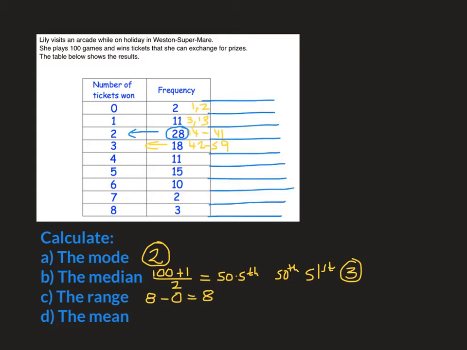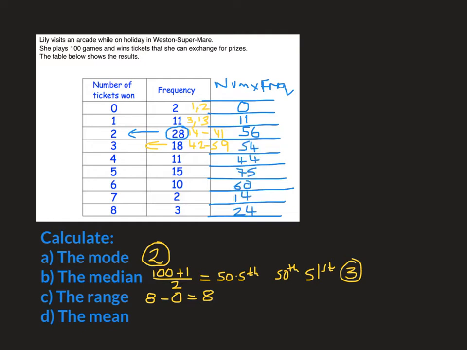In here, I'm going to do the number of tickets that she won, and multiply that by the frequency. So, for example, twice she won 0 tickets, so in total there she won 0. 11 times she won 1 ticket, 11 times 1 is 11. 28 times she won 2 tickets, so that's 56. And I fill up the rest of that column, just like that.